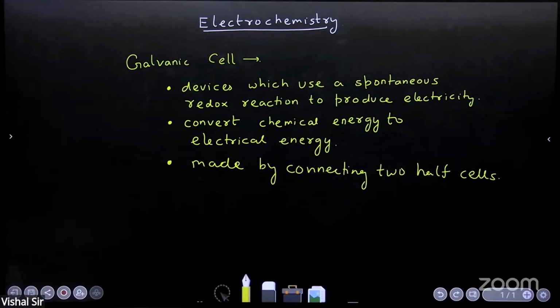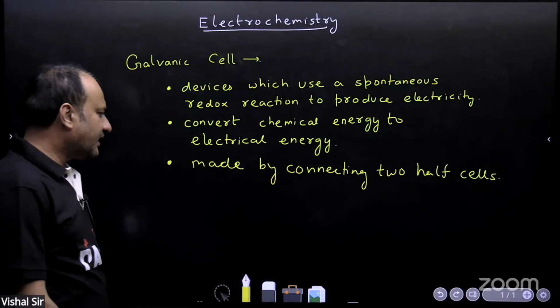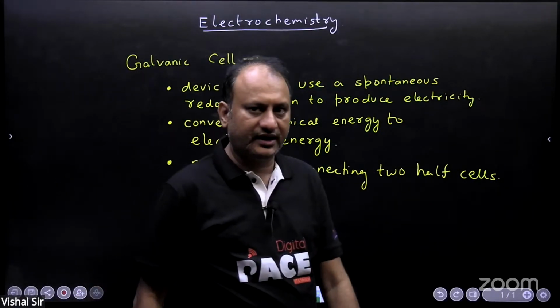And they are made by connecting two half cells. Any galvanic cell will be made up by connecting two different half cells. One half cell where oxidation will occur, another half cell where reduction will occur.